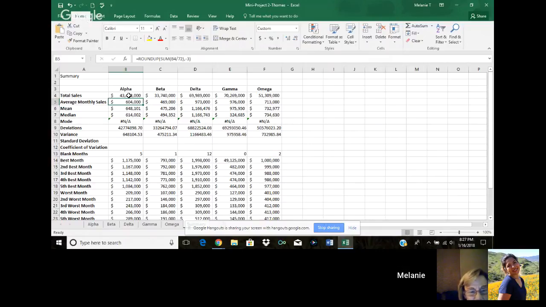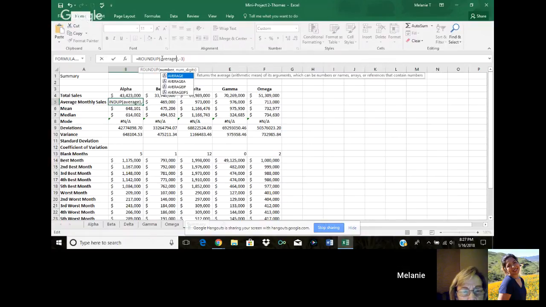No, you're good. So I changed that to average instead of the sum. Yeah, I did just the average calculation and did equals average and then the name range that I have. So I would change this to average and then do alpha sales.